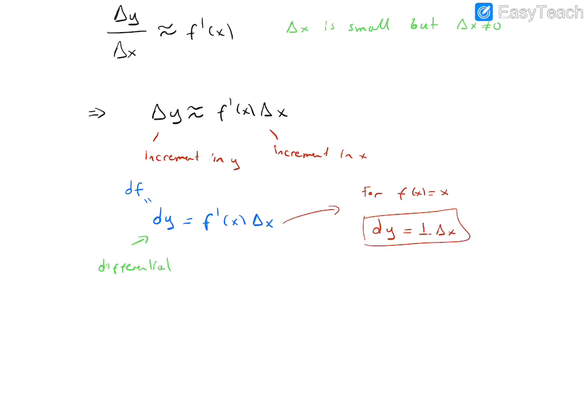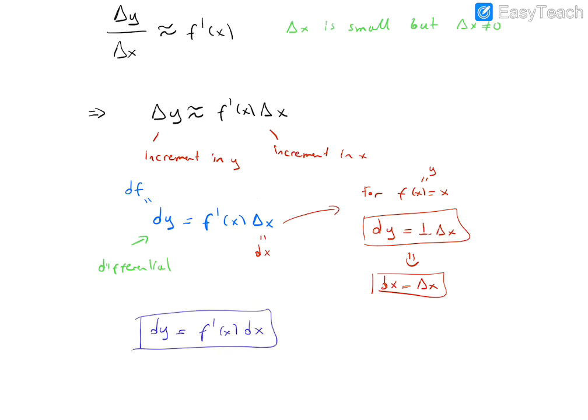From here, we obtain delta x equals dy. Here f of x is y, so y equals x. This implies dx equals delta x. So in general, we know the following fact: the differential of y equals f prime x dx, where dx is the differential of x. We obtain this formula.